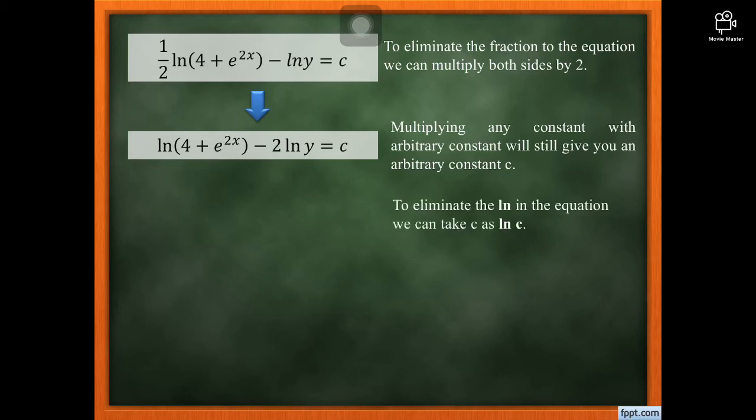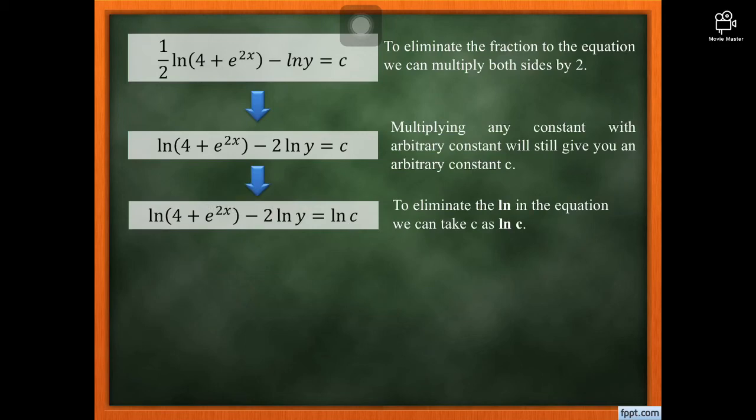Next, we can still simplify the answer. We can eliminate the ln in the equation by taking the c as ln c. By taking c as ln c, we have this equation.